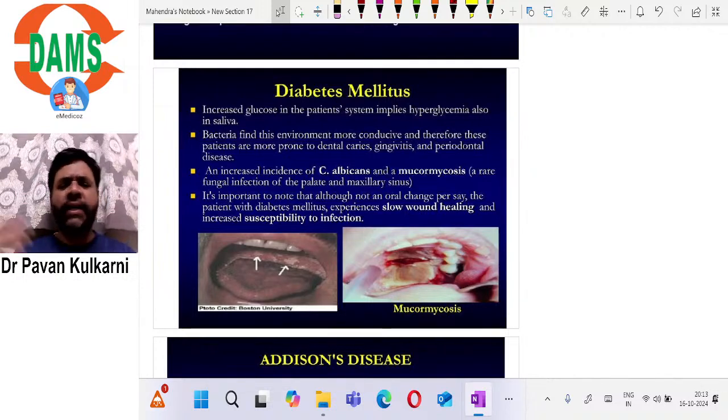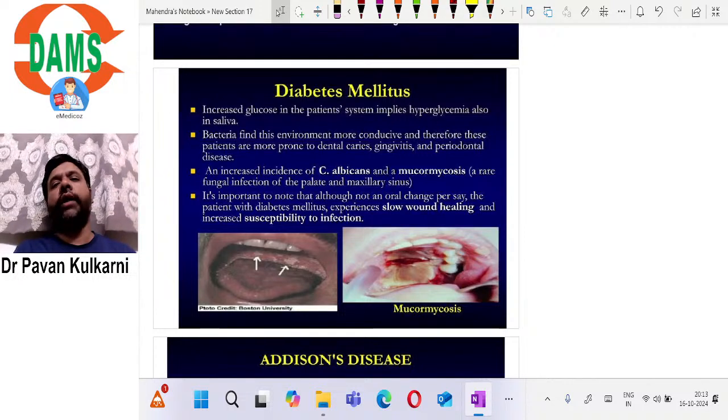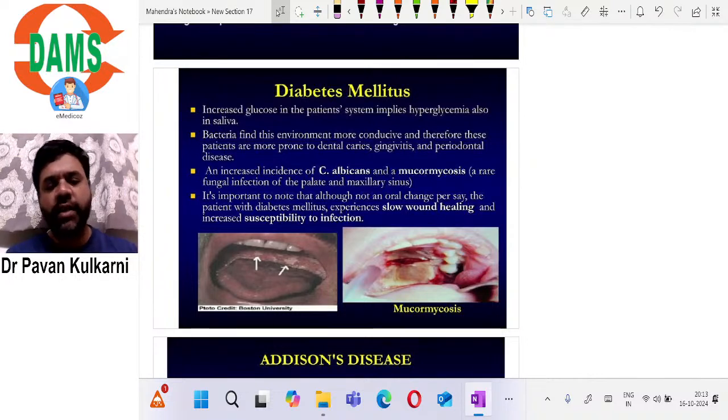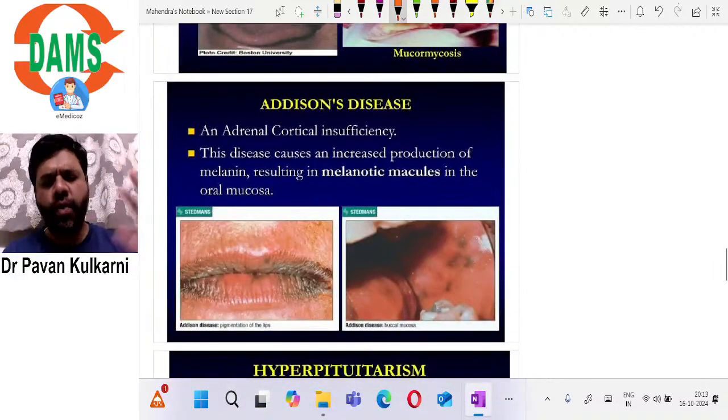Other than these, diabetes patients are more susceptible to gingivitis and periodontal disease because their immune threshold is reduced. So they are more susceptible to inflammatory conditions such as gingivitis and periodontitis.